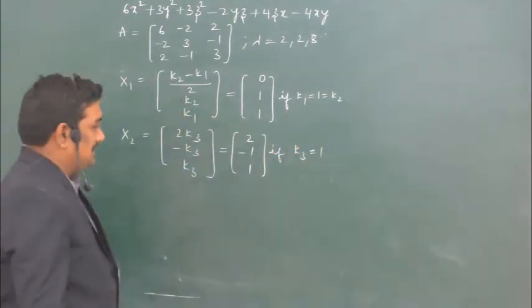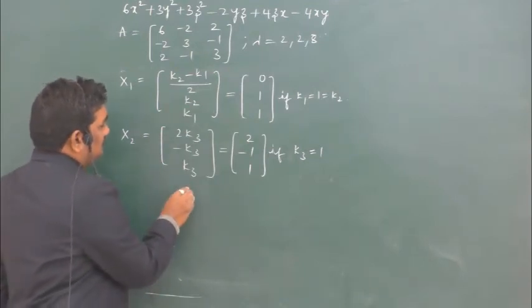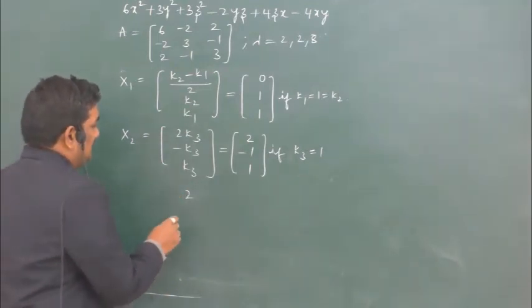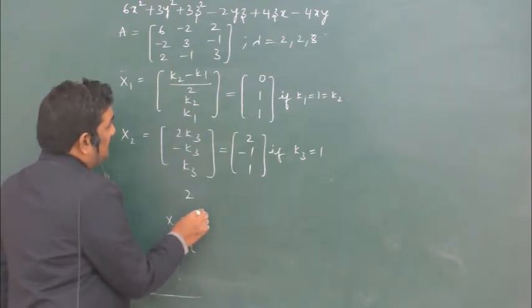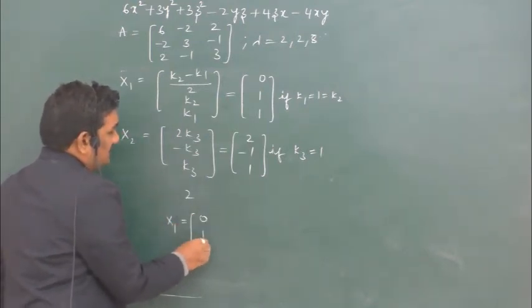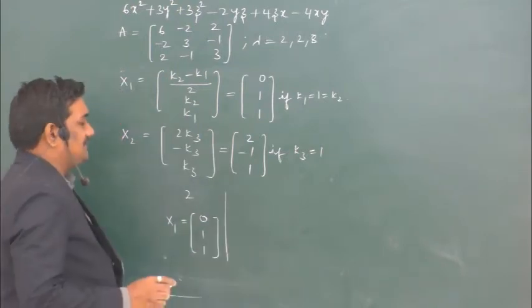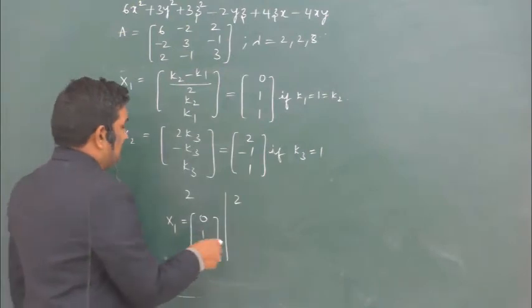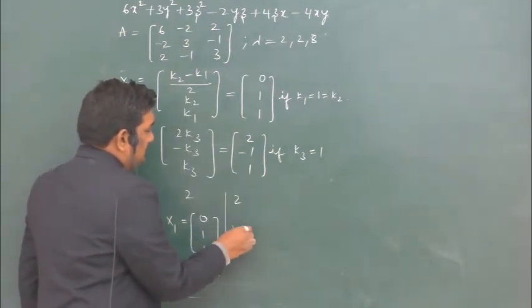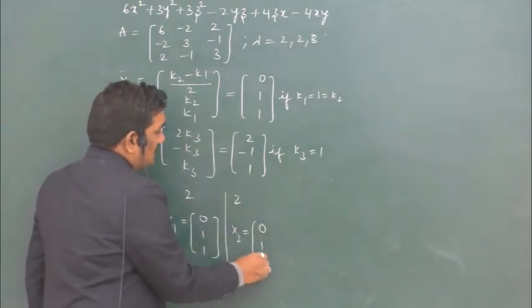Now the first eigenvalue is 2. The corresponding eigenvector x1 is given by 0, 1, 1. The next eigenvalue is also 2 and the corresponding eigenvector is also the same, that is 0, 1, 1.